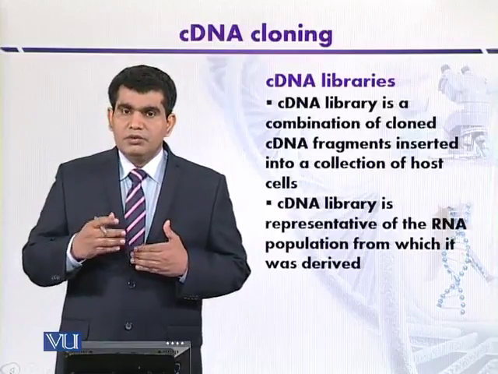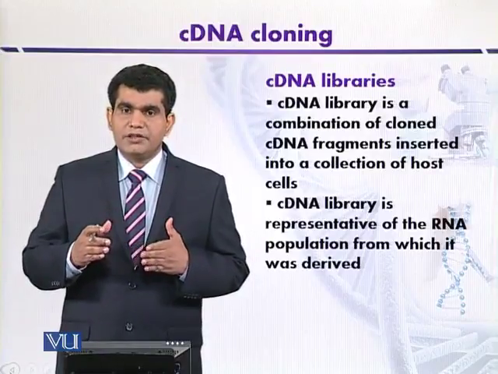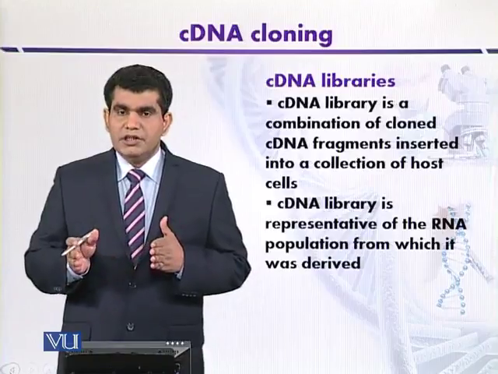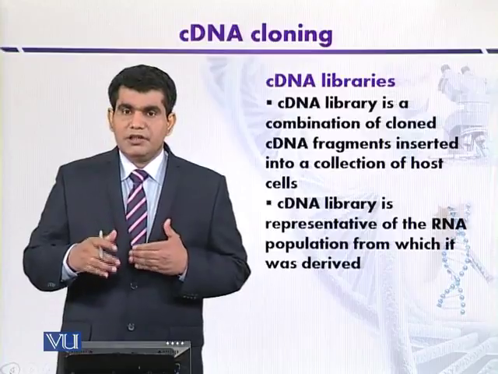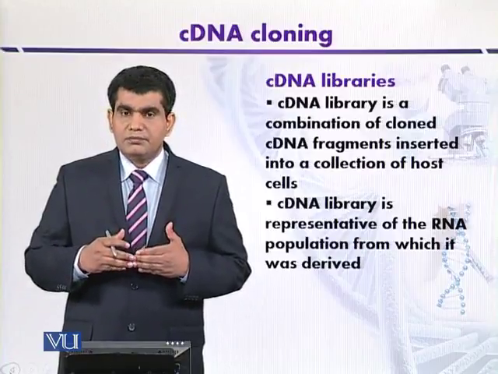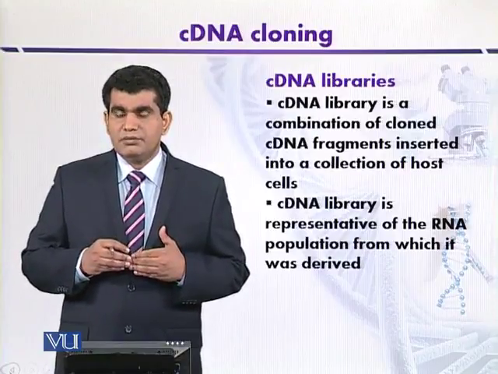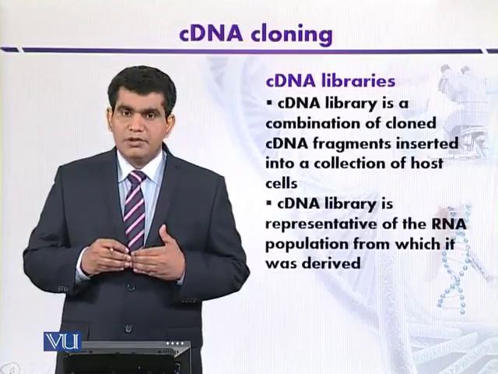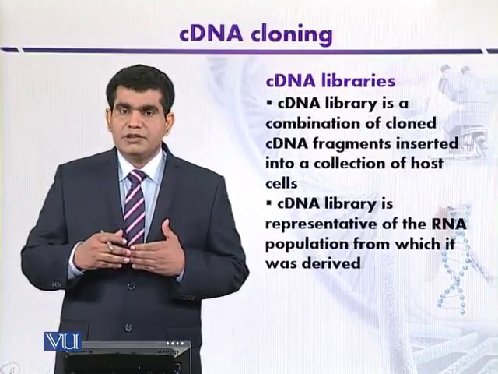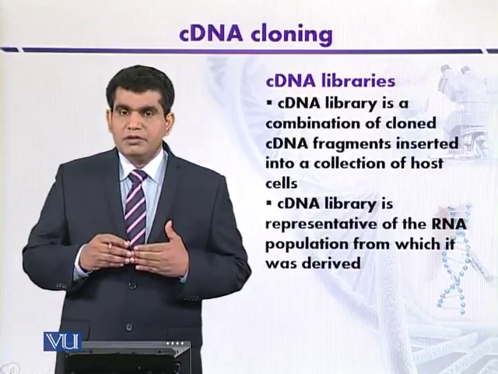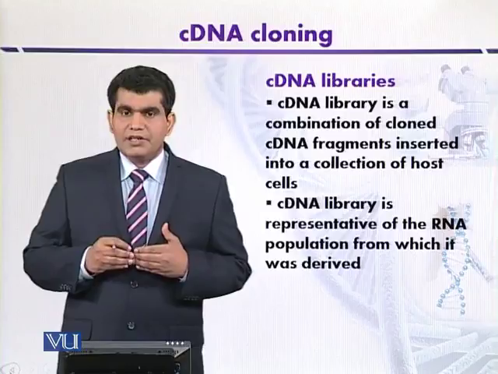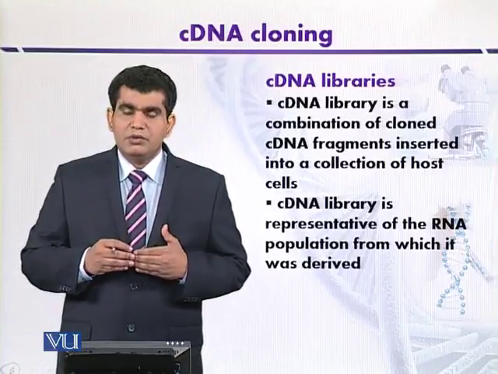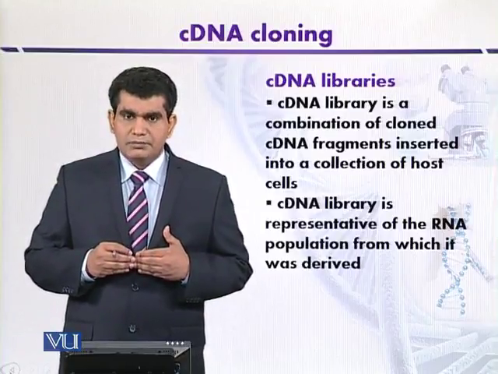Those that are enriched can be represented in the cDNA library more frequently as compared to those fragments that are expressed rarely. But in the case of a genomic DNA library, it can represent the whole complement of the genome or the chromosome. So it is not based on expression as compared to a cDNA library.